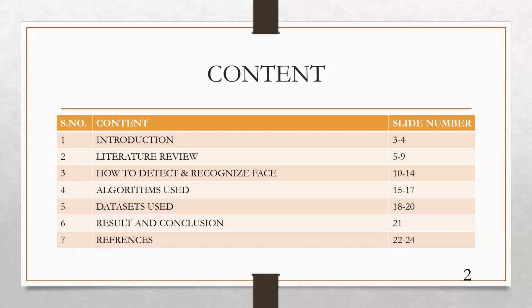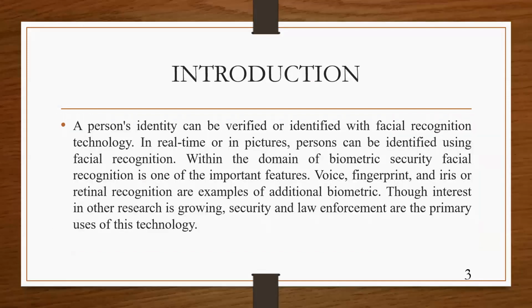Starting with the introduction, facial recognition is a way of identifying or confirming an individual's identity using their face. So a face recognition system can be used to identify people in photos, videos, or in real time.